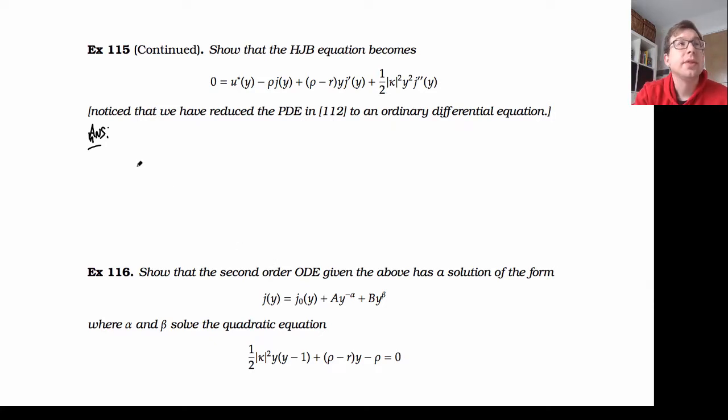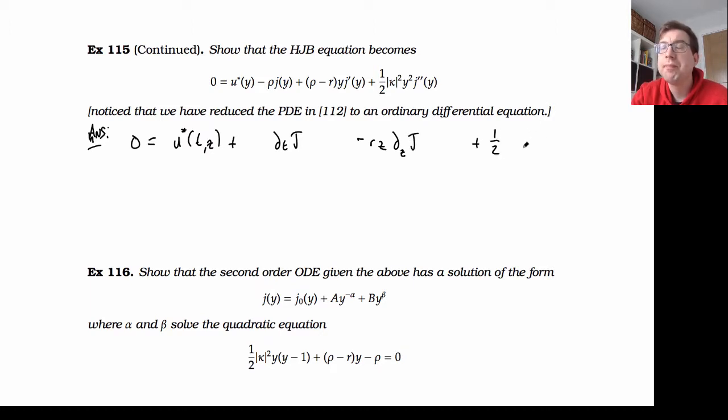All right, so the differential equation that we had before, the PDE that we had before, was this. Okay, and now we can look at each of these terms. We can check that this is just e to the minus rho t times the Legendre transform of the utility function z.